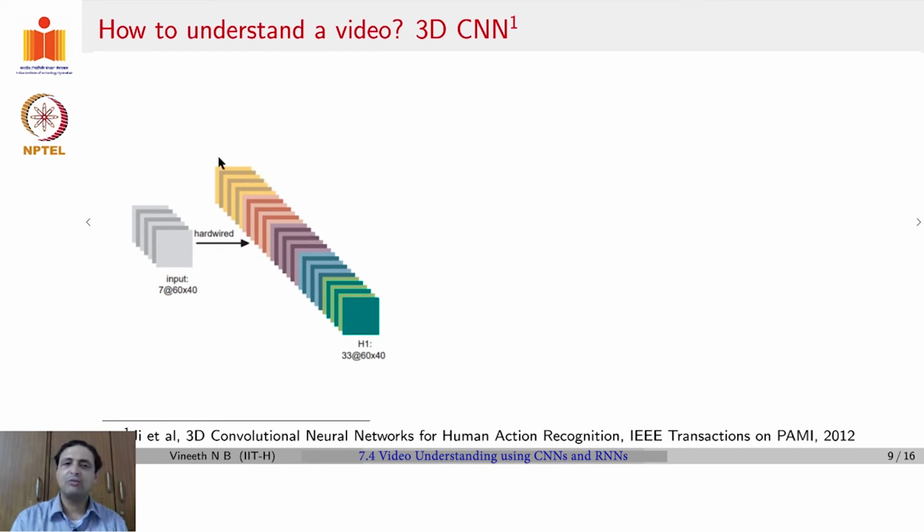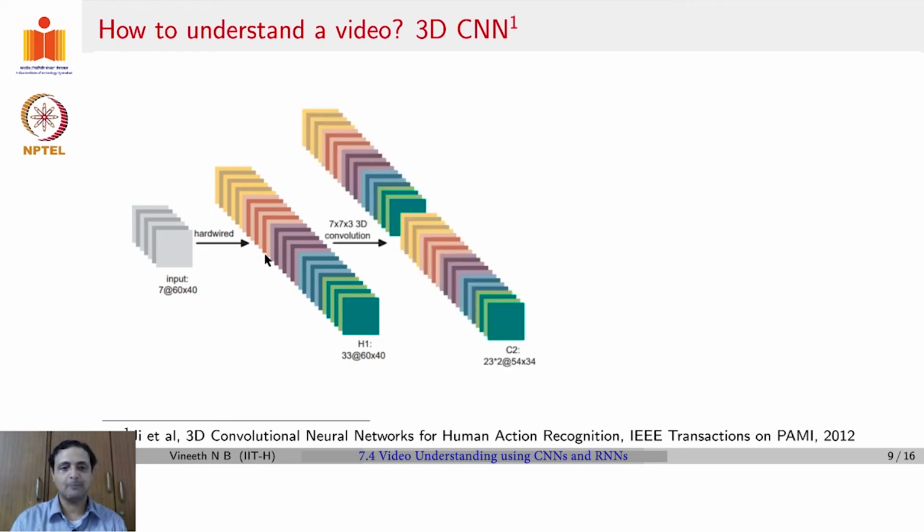They had 5 different kinds of filters, and those gave these sets of images. So they obtained a total of 33 feature maps, each of them still at the resolution 60 cross 40 after this initial processing of a few filters that were hardwired. These were not learnt. These were filters that detected edges, detected optical flow, so on and so forth.